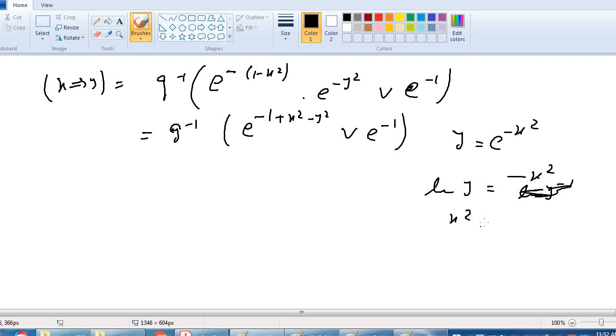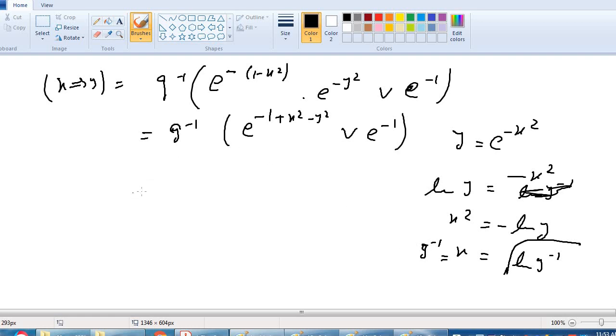So x square is equal to minus ln of y, and x is equal to, this minus will go on the power, ln of y power minus 1 under root. So we apply this x here, and we find the value of g inverse. This x is our g inverse.